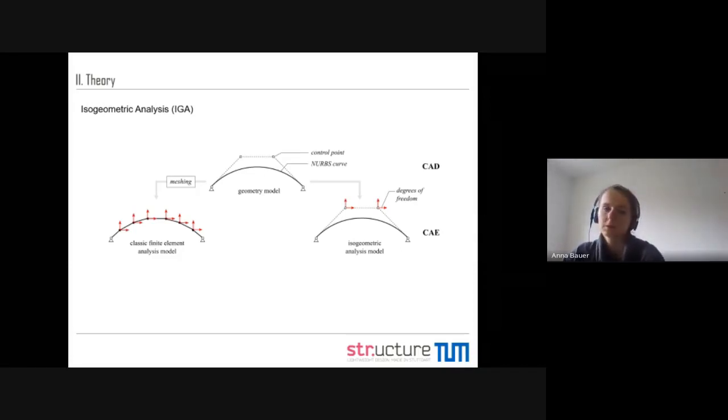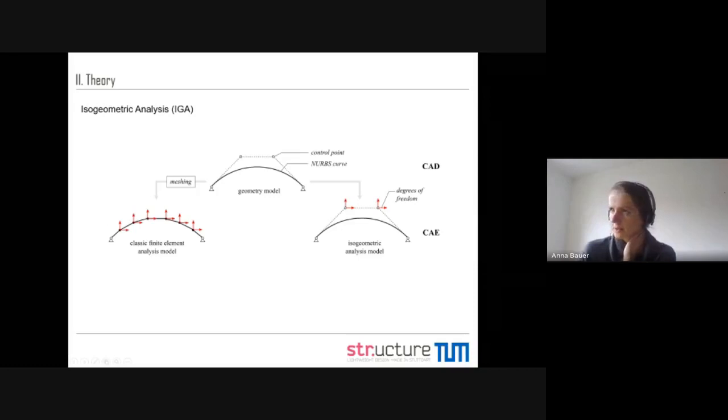So we have this initial CAD model with the NURBS, and we are not meshing it like in the classic approach, generating a polygonal mesh and putting the degrees of freedom on the nodes of that mesh. Instead, we take the NURBS geometry as it is and put the degrees of freedom for our structural model on the control points of the NURBS.